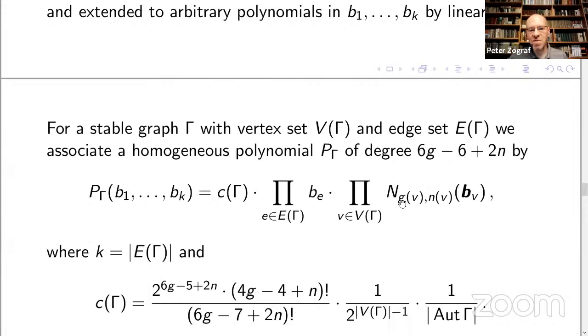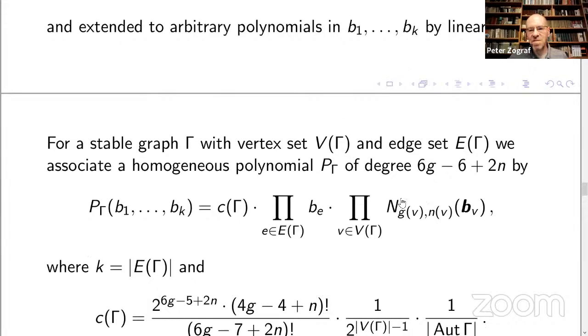Up to a certain coefficient, it is given by the product over all edges, where to each edge we assign a variable b_e, times the product over all vertices, where to each vertex we assign the polynomial N_{g,n} that was just defined, where bold b denotes the set of variables assigned to half-edges.